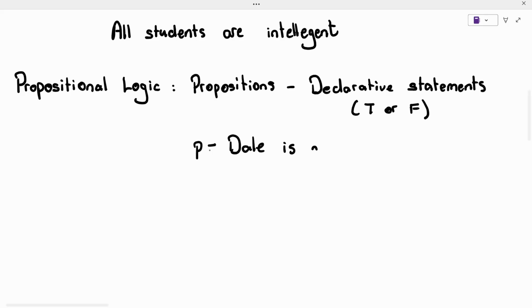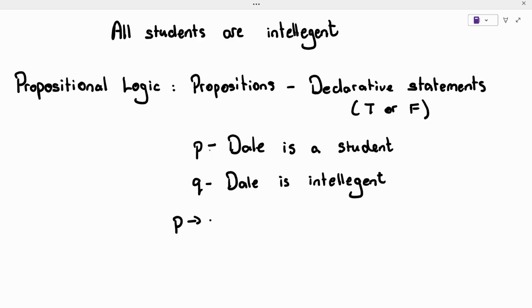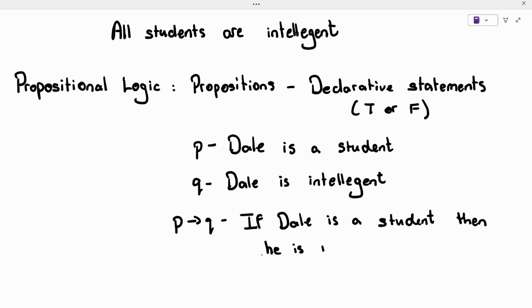Dale is a student. And we can let Q be the statement, Dale is intelligent. And we may try to write something like P implies Q, which is if Dale is a student, then he is intelligent.